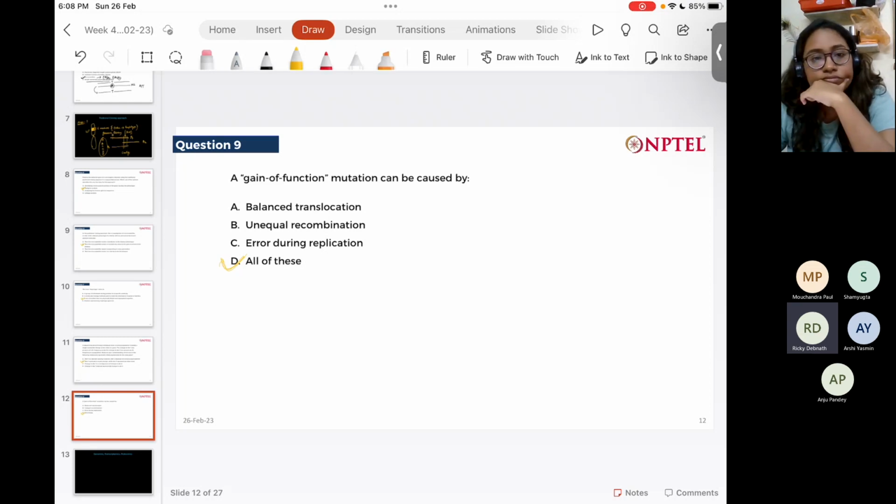Gain of function leads to a novel phenotype, a novel gene function, or it can be a loss of function like the androgen receptor. So it can go both ways, both can lead to gain of function as well as loss of function. So gain of function can result from any one of the criteria mentioned above.